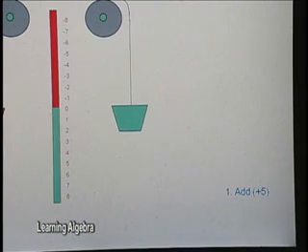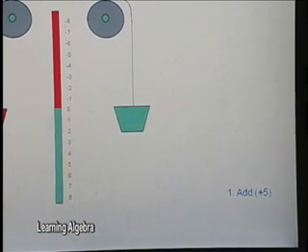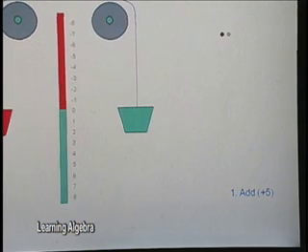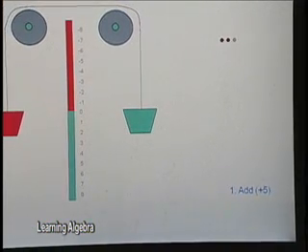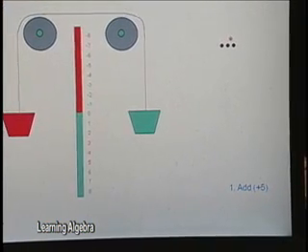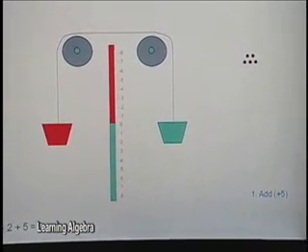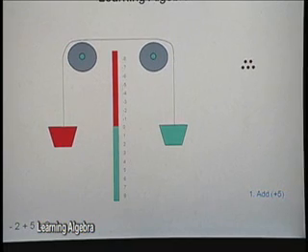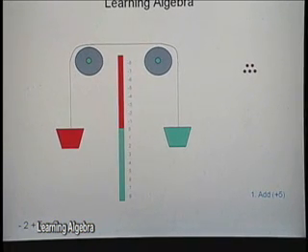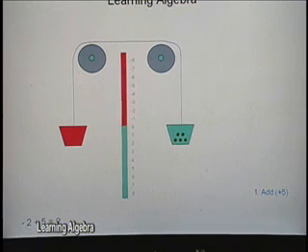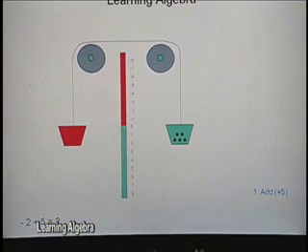So we have to add plus 5. So we have to get 5 pebbles first to add. All right, here comes our first pebble, our second one, third, fourth, and fifth. We have got 5 pebbles. Now we are putting these 5 pebbles here. All right, what should be the behavior?